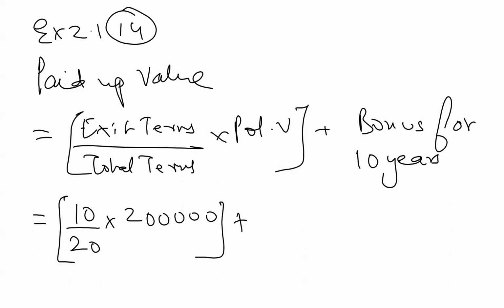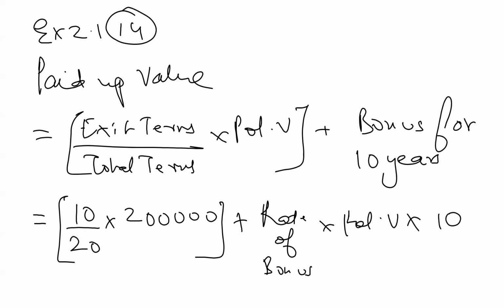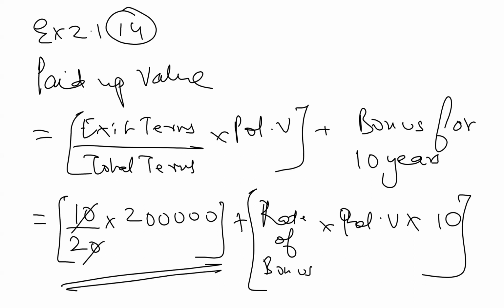plus bonus. So what is the rate of bonus that we need to put? Rate of bonus into policy value into 10. Fine. So this will be 1 lakh plus rate of bonus. Rate of bonus is 20 per year per thousand.